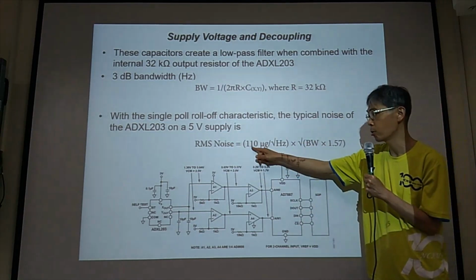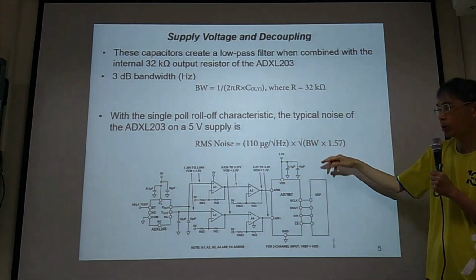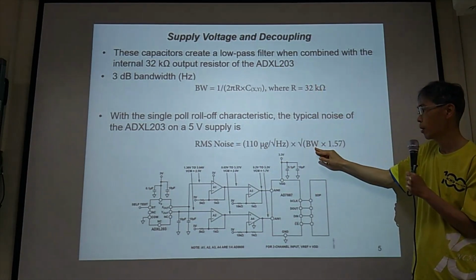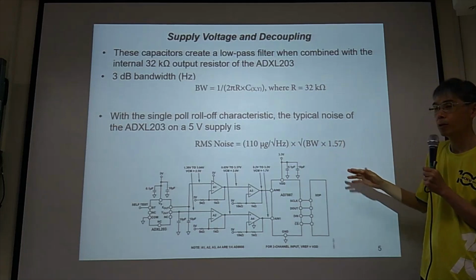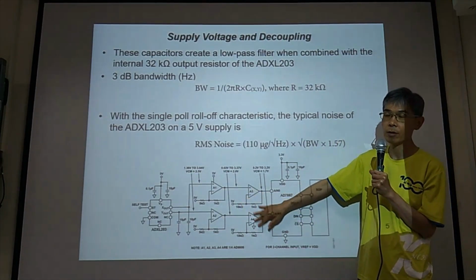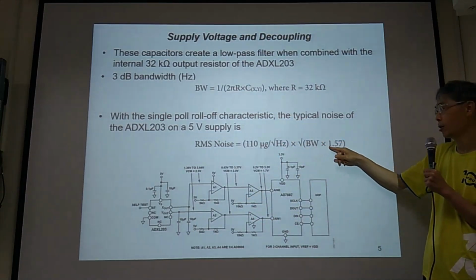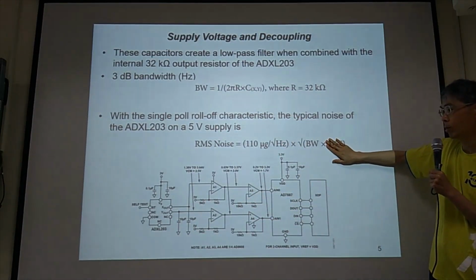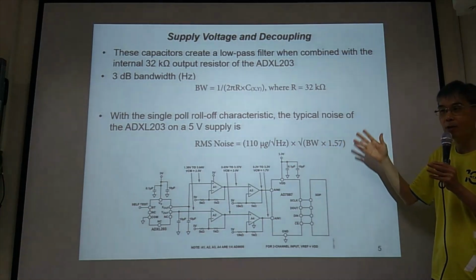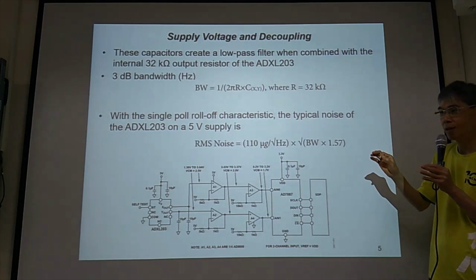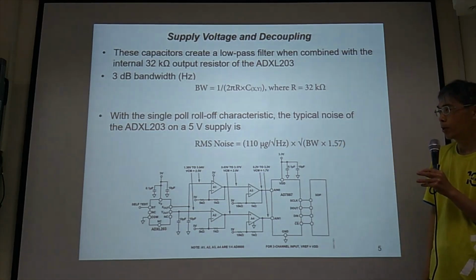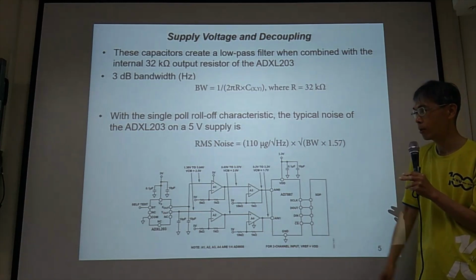So we can get the true noise, so you calculate the bandwidth. The engineers at Analog Devices included this parameter because when they did the math, they figured they needed to put it here. Okay, so this is RMS noise.